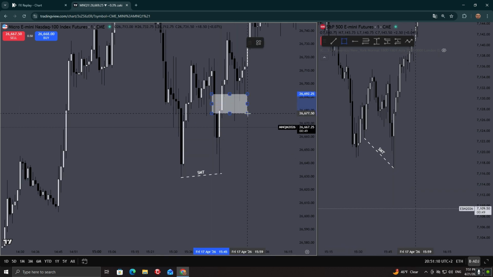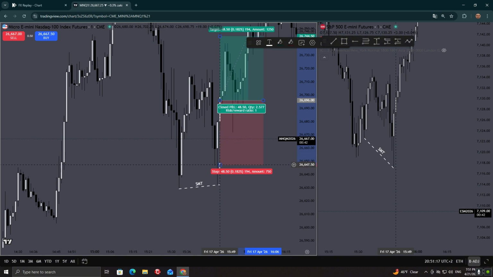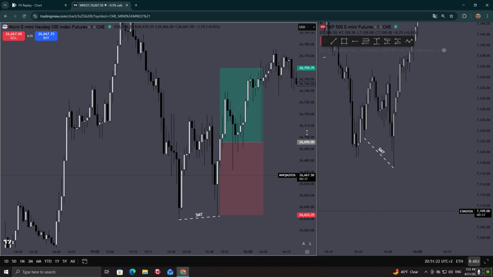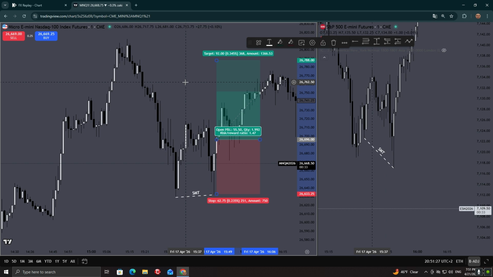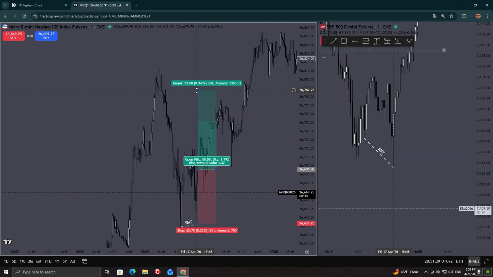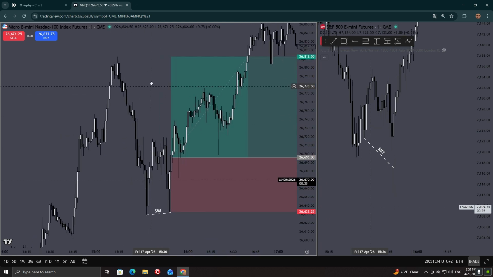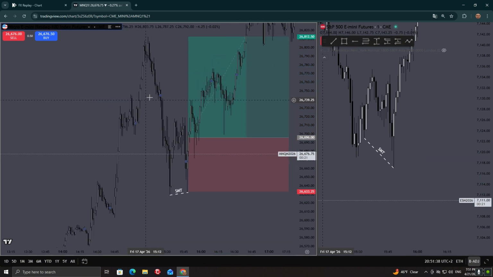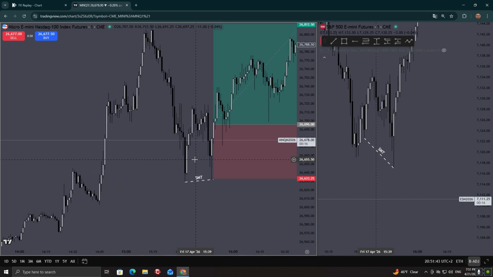We then disrespect this bearish gap right here, showing that we want to go higher, and you could have entered off of the speed through the CB, aka inverse, and you could have targeted the internal high right here, or you could have targeted these highs right here. And as you can see, these usually run a lot of points, and this is exactly how you can use SMTs paired with other ICT confluences and get an entry model off of that.